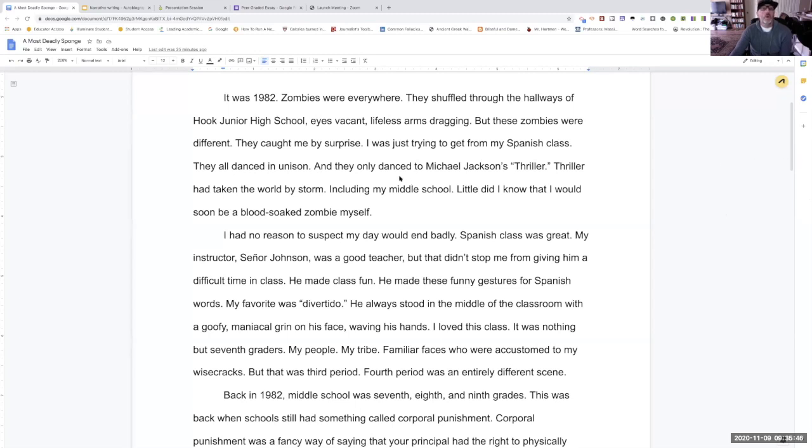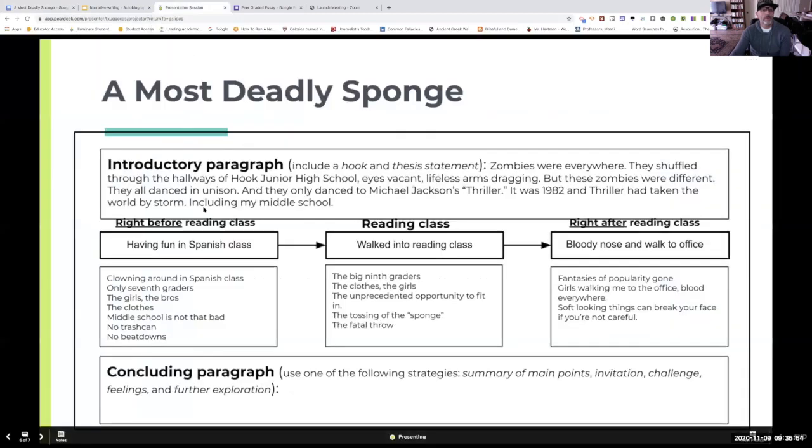Okay, so I want to go back to the graphic organizer for just a moment. Here, I didn't talk about the girls, the bros, or the clothes, but sort of about how it wasn't that bad. I didn't talk about the trash can or beat downs. So I may go back and add to these bottom three things, because I wrote those things for a reason.